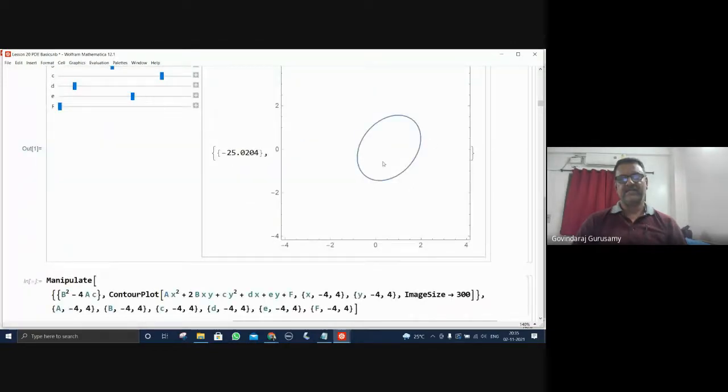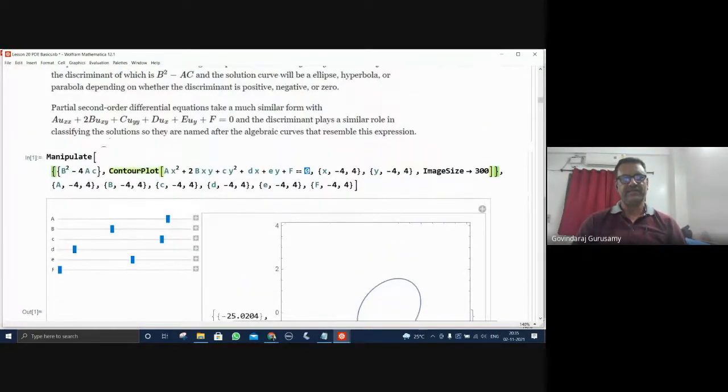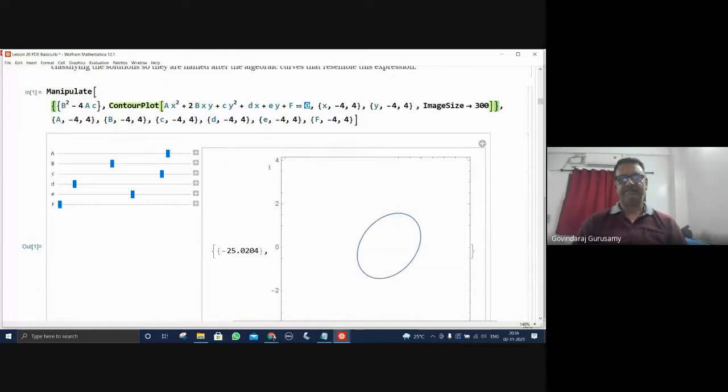And initial condition also you need to have, because there is an initial condition requirement here. This is dou u by dou x. Okay, this is the second derivative. Then I need to have the first derivative in x and first derivative in y. So initial conditions and boundary conditions are all going to play a major role in your PDE.